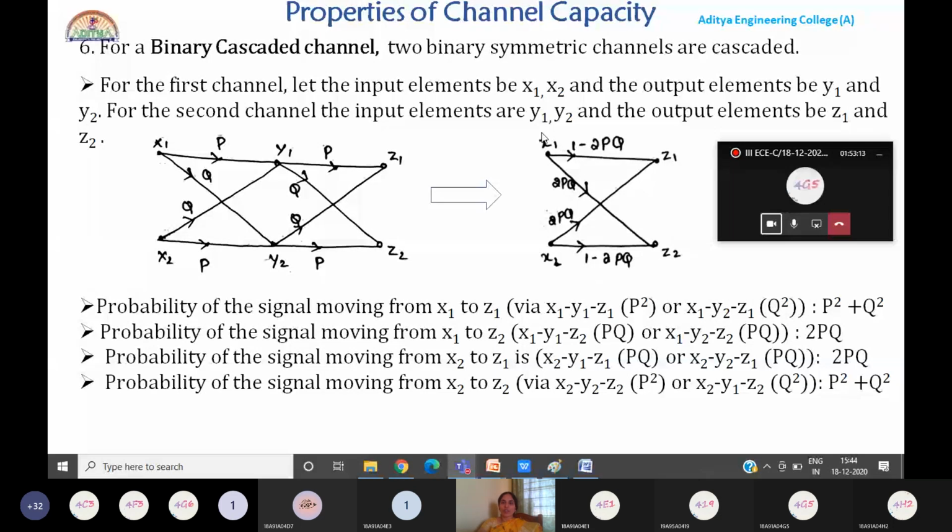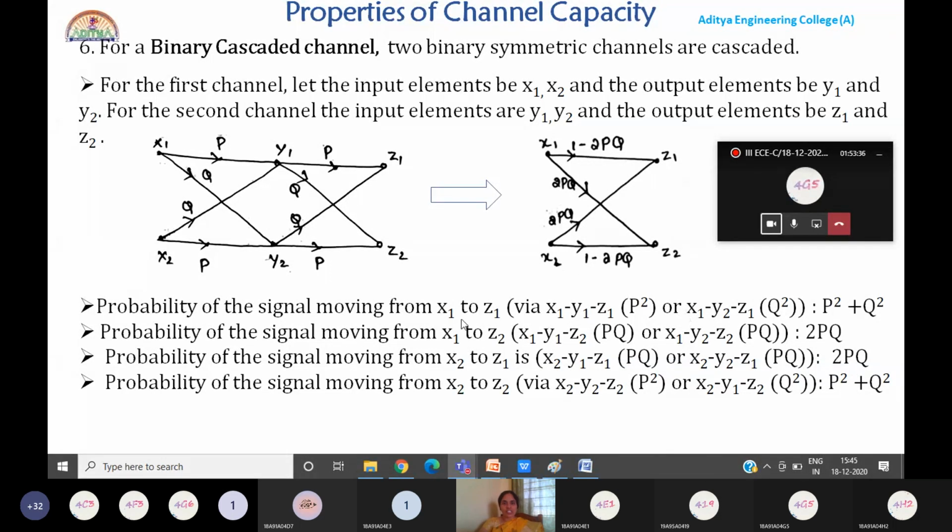The sum of probabilities of an event x1 is equal to 1. So x1 probability in the opposite direction is 2pq, and the forward direction is p square plus q square, and this should be equal to 1 minus 2pq, because the sum of the probabilities should be equal to 1.